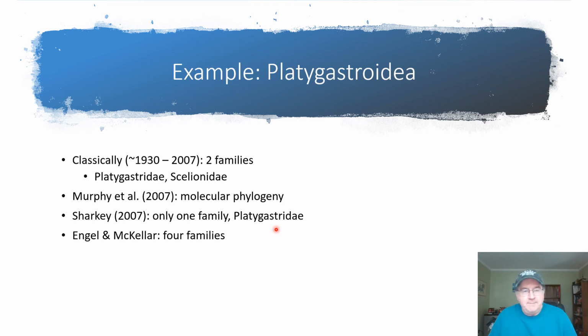Some authors, Mike Engel and Ryan McKellar, for example, noted that, boy, if you just collapse this classification into a single monobasic superfamily, then you're losing a lot of information about the biological difference that was inherent between Platygastroideae, most Platygastroideae, and Celyonidae.